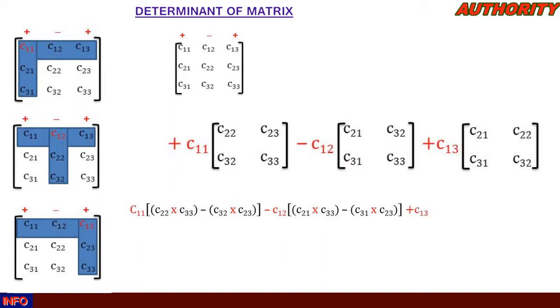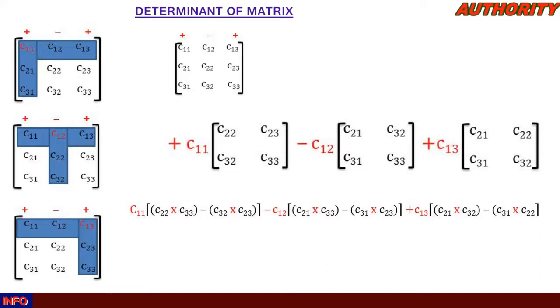So let's also try and see if we can find the determinant of this 2 by 2 matrix. So that means we're going to say C21 multiplied by C32 minus C31 multiplied by C22. Okay, yes. Now, as it is like this, when you solve this, you are going to come out with a number called the determinant of this matrix.